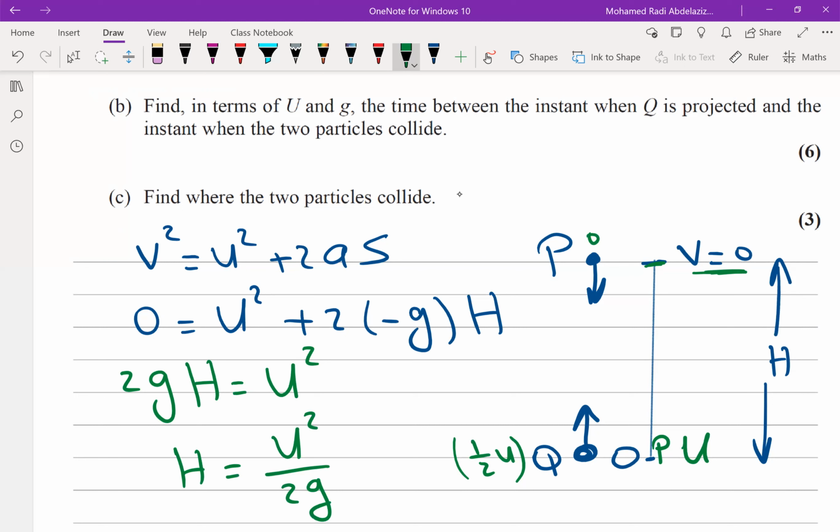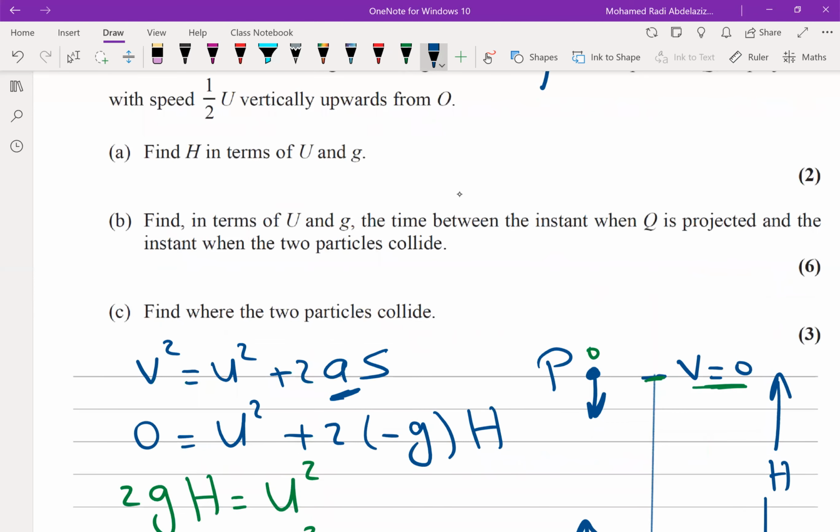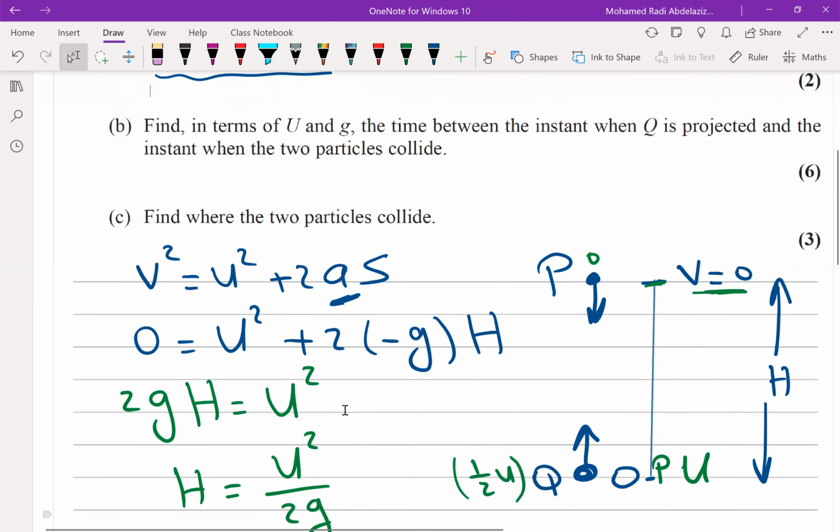This is h in terms of u and g. Using v squared equals u squared plus 2as, the final velocity is 0, the initial velocity is u, the acceleration against gravity is negative g, and the height is h. This is part A, which asked to get h in terms of u and g. This part is done.